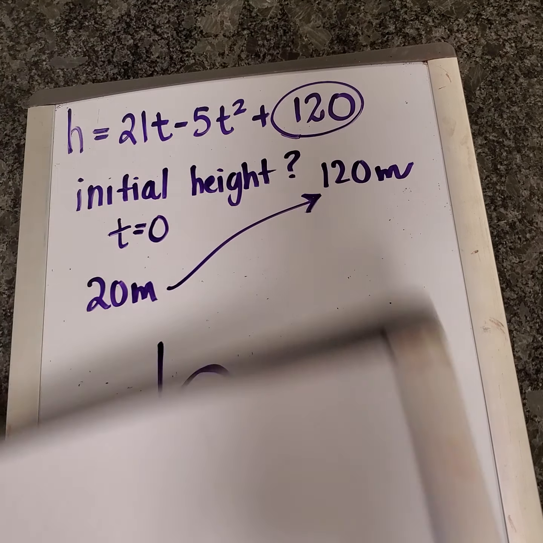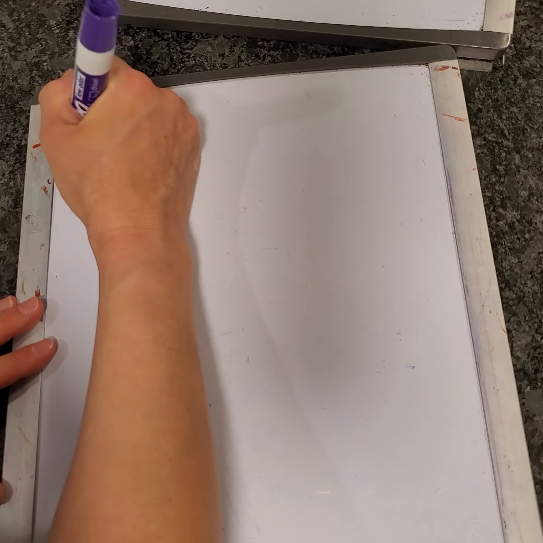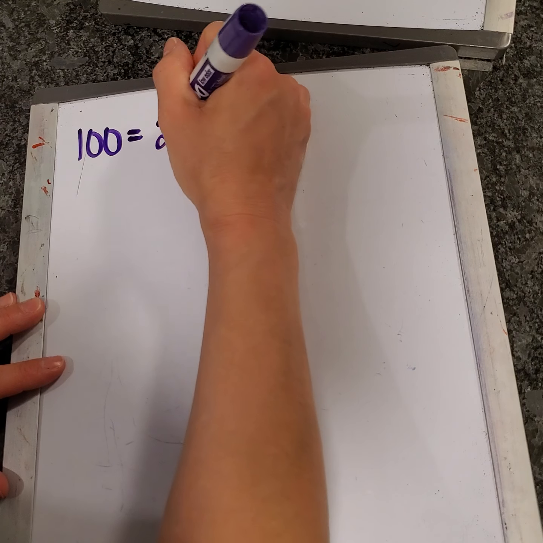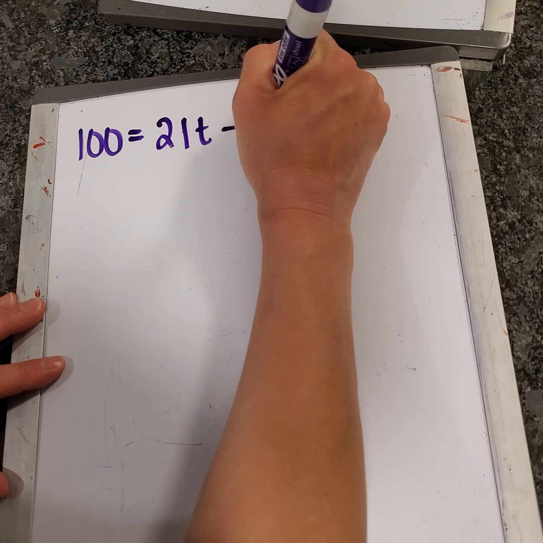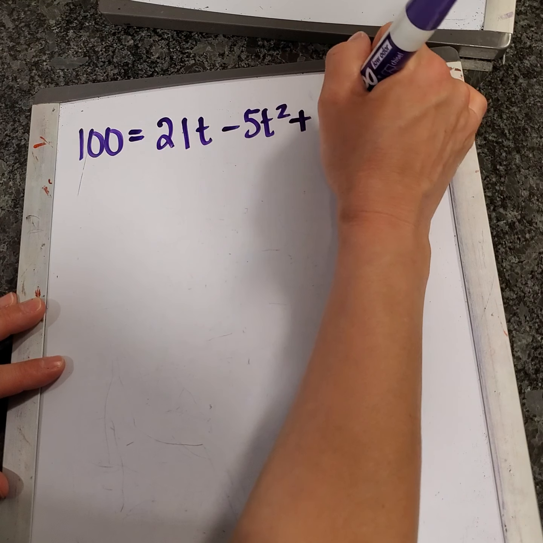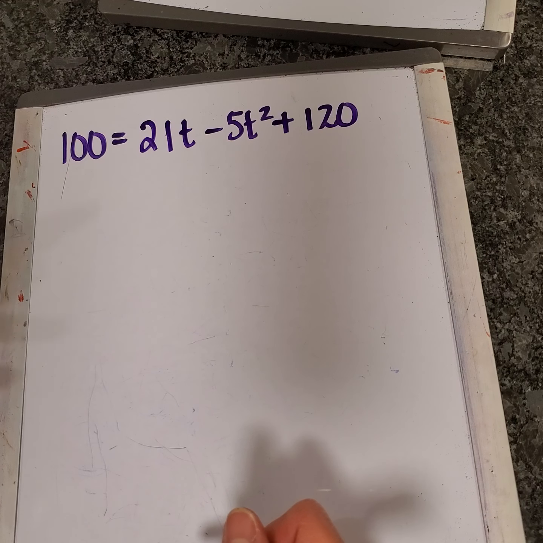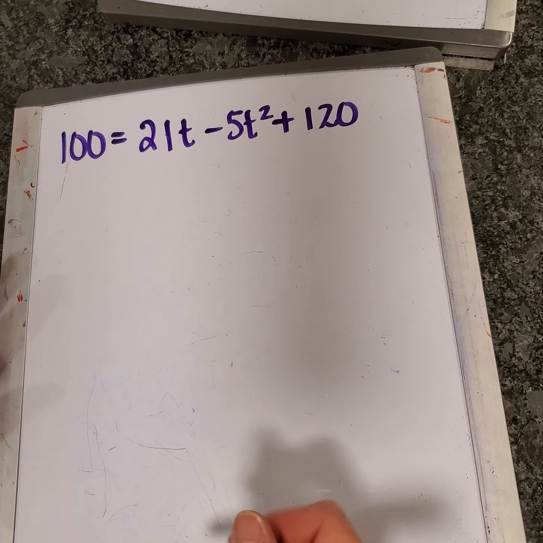So that means, I'm going to switch boards here. We are going to substitute 100 in for the height into the equation that we were given, and we need to solve that equation. So in order to solve an equation, it needs to equal 0 if we're working with standard form.